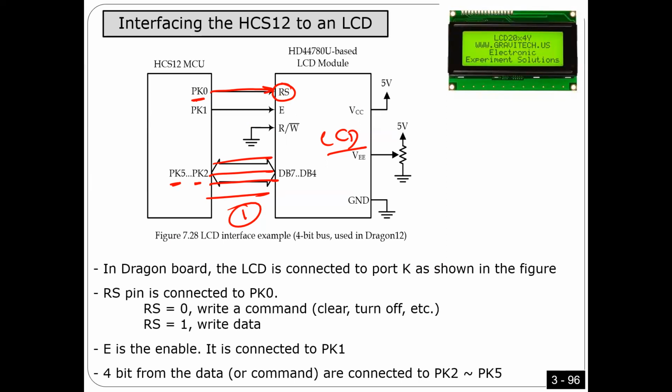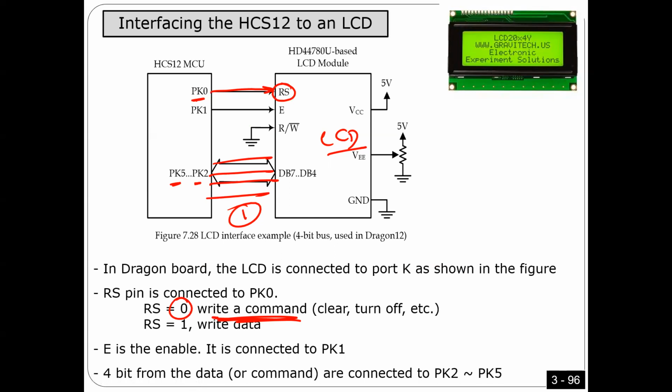This pin tells the LCD whether you are going to send data or a command. If I put 0 on this pin, I'm telling the LCD I'm sending a command. It's not data, not a character to display.